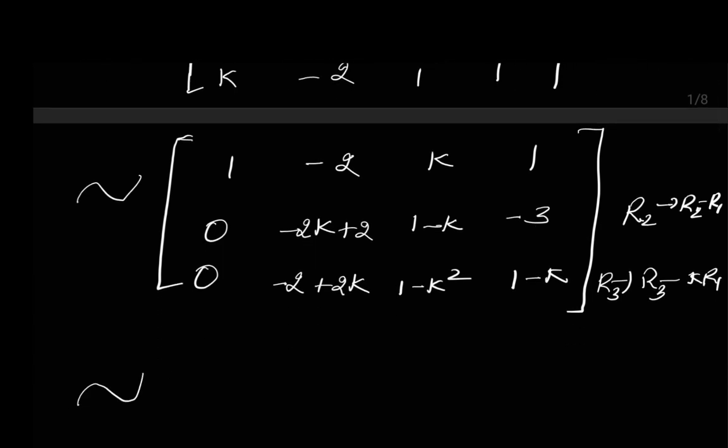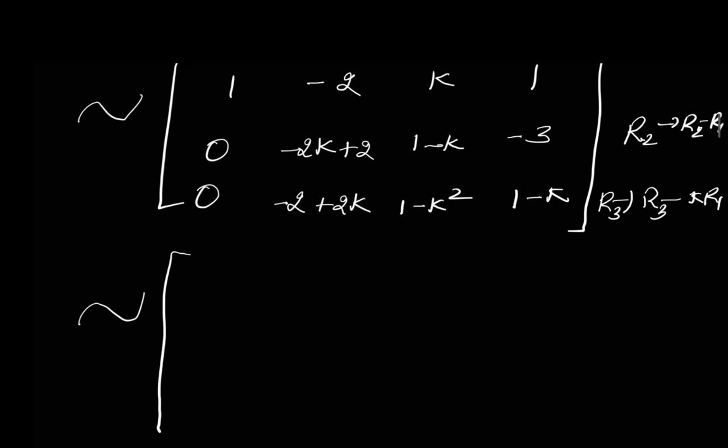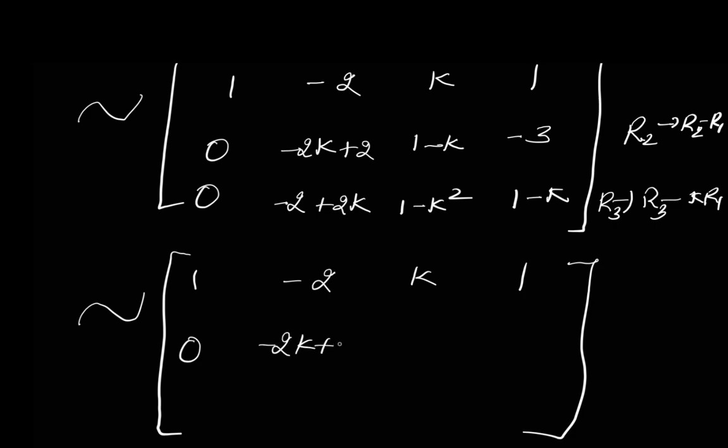Again we are going to do an elementary transformation. In the row echelon form we got 1, 0, 0. In the third row, the second element should be 0. So, you don't touch the first two rows: 1, minus 2, k, 1; 0, minus 2k plus 2, 1 minus k, minus 3.